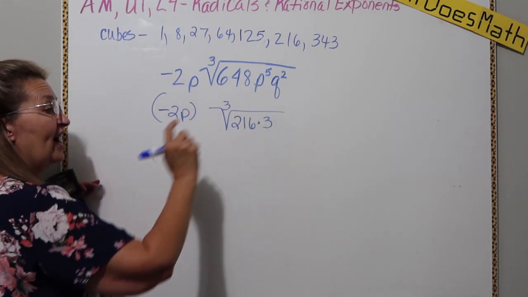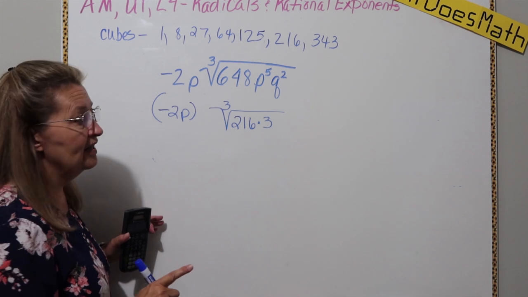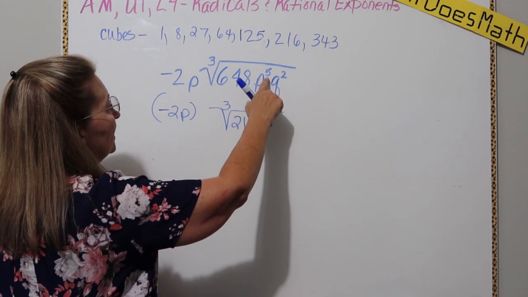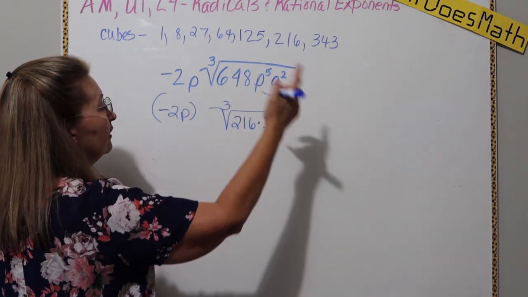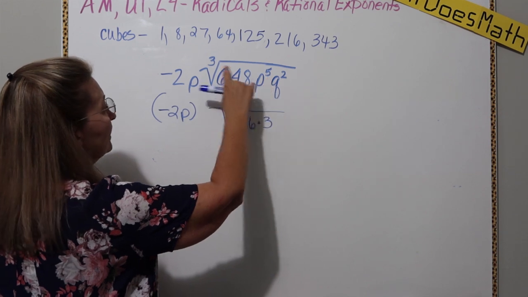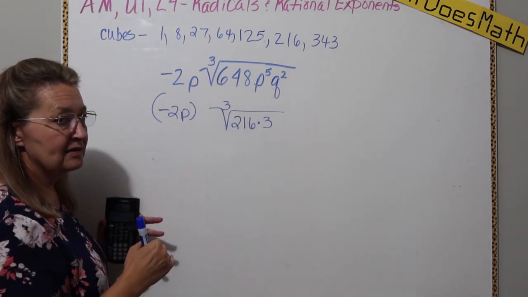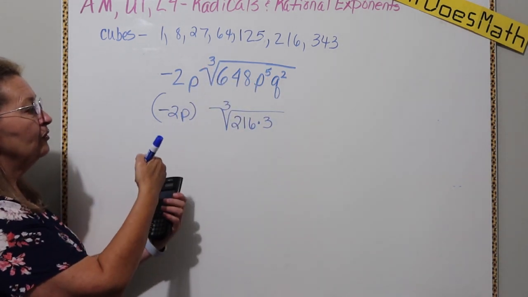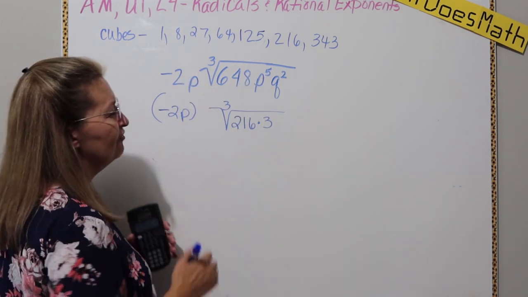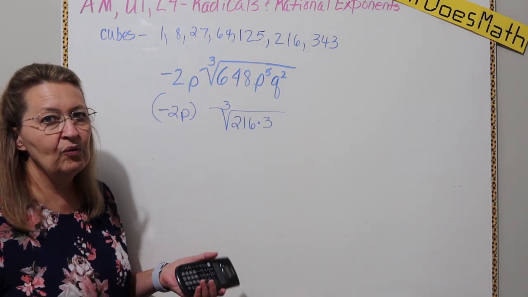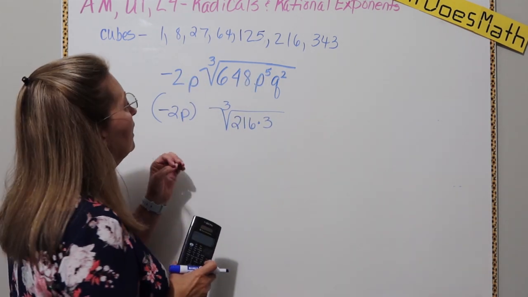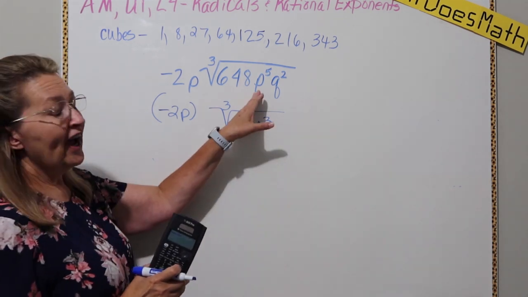And I'm going to go ahead and factor everything else that's necessary because p to the 5th power, remember we concluded that you can divide an exponent by your index and get the root of it. Well, 5 won't divide evenly by 3. And I don't want to deal with a fraction exponent right now. But what you do is you factor this.